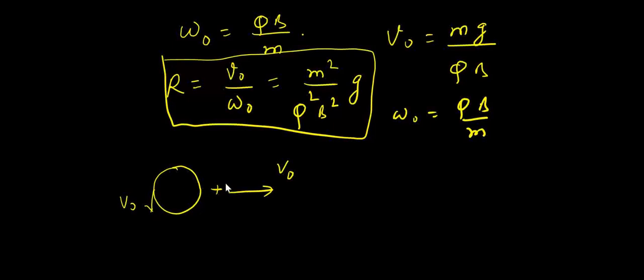This is the motion you can observe in the laboratory frame, the superposition of this, and the shape of the trajectory, the equation of trajectory you can find, or the shape of the trajectory is cycloid. In such cases these two motions merge to provide a cycloidal motion.